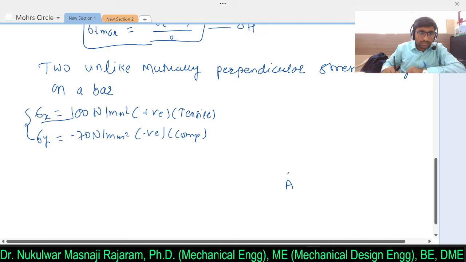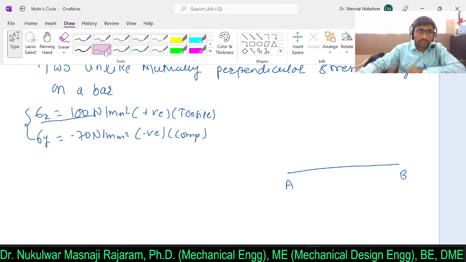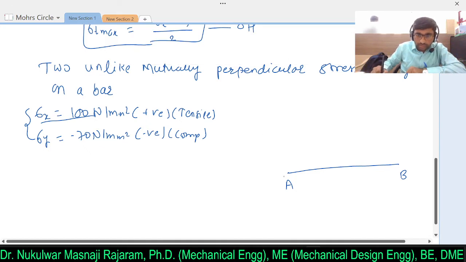As sigma x is positive, I will consider it in the right direction. So this will be the point B, sigma x. Now sigma y is in the negative direction, so I will consider sigma y on the left side.